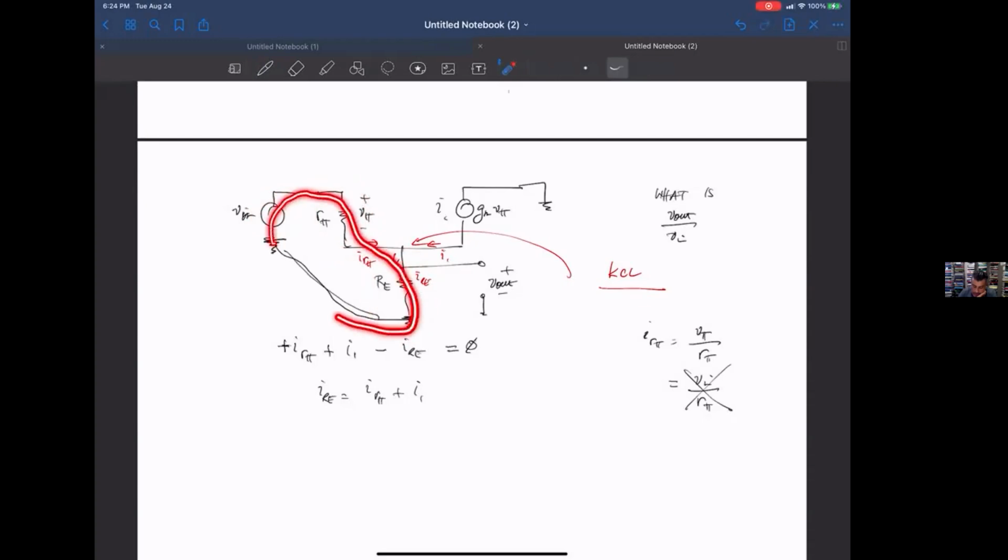This is your total loop around here. So in fact, if you do KVL on this loop, which I'll call loop 1, it's Vin minus V sub pi minus Vout equal to 0.